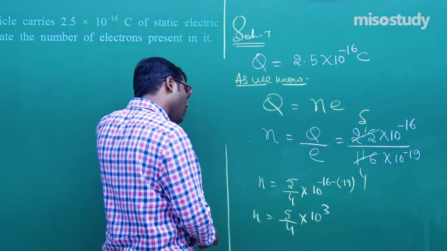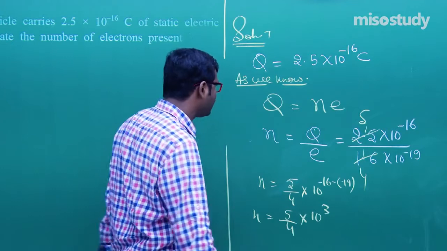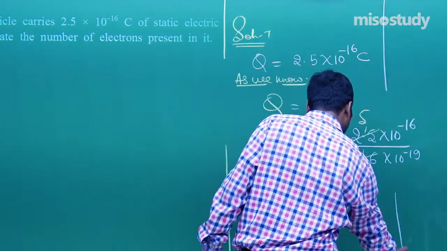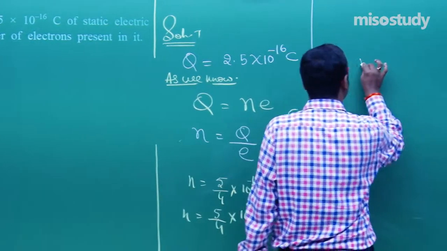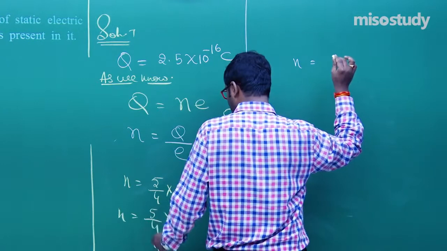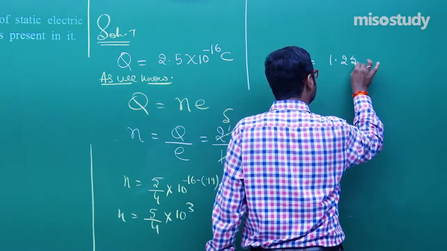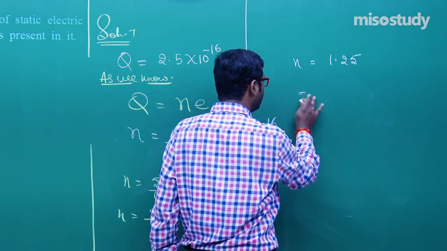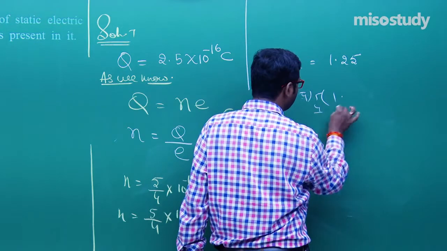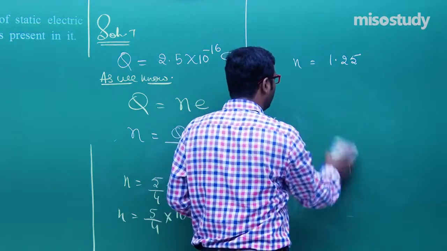If you want to solve more, you can easily solve. Clear to you? These are questions related to the number of electrons. We can write further 5 upon 4 as 1.25, so 1.25 × 10^3.